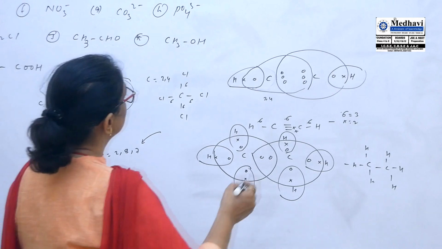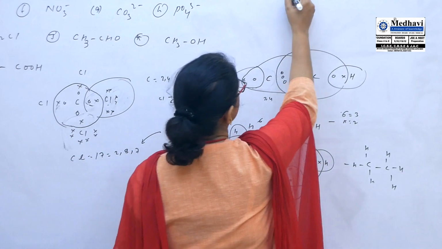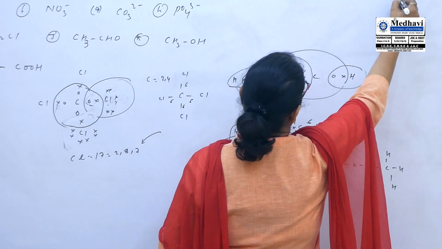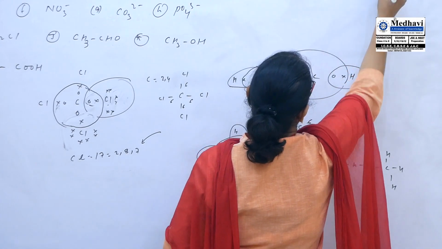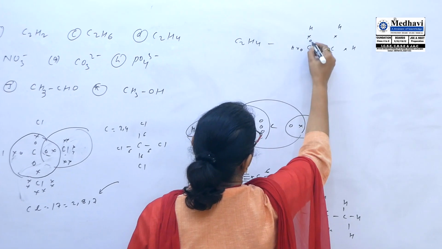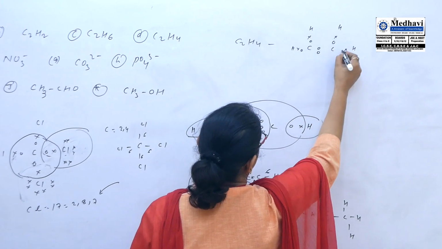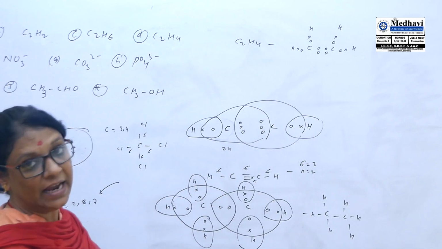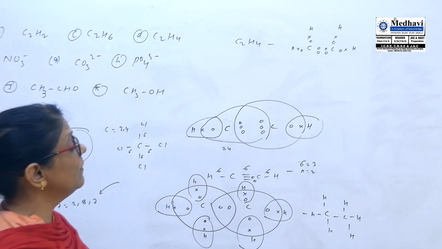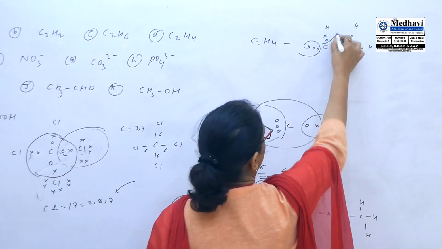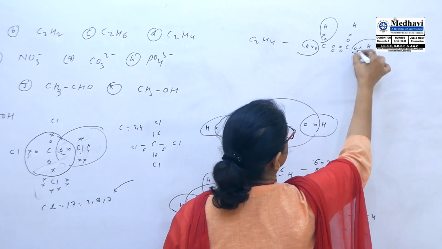Similarly, suppose we have to draw the structure of C2H4. Each carbon will carry 2 hydrogen. I am using different dots for carbon and hydrogen, so it will be easy to identify which dot belongs to which element.